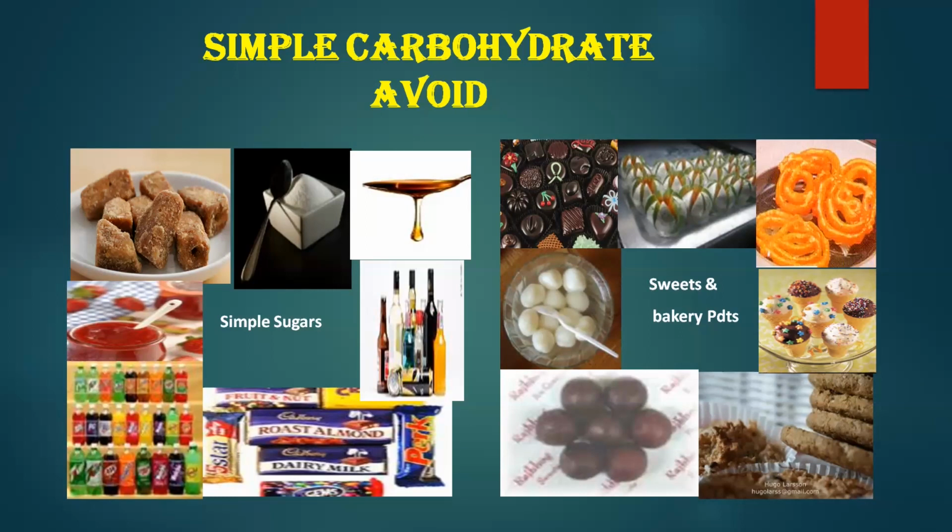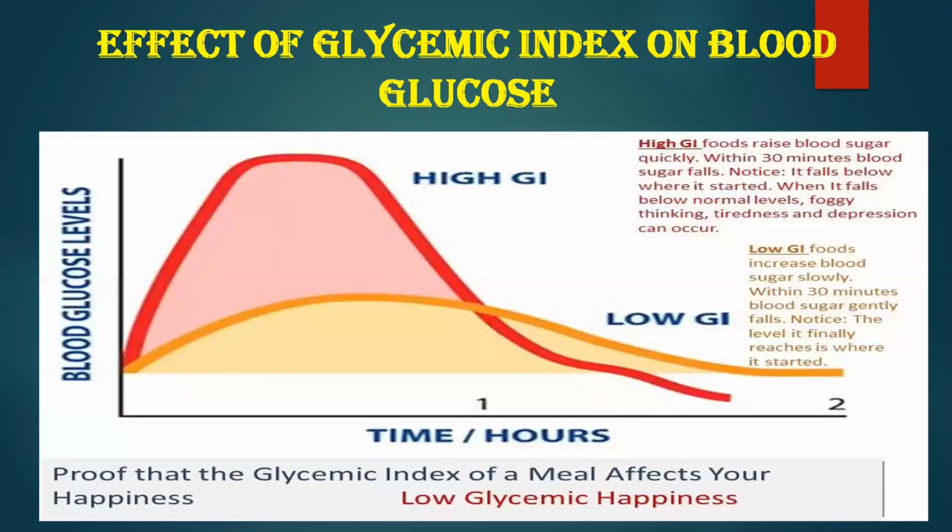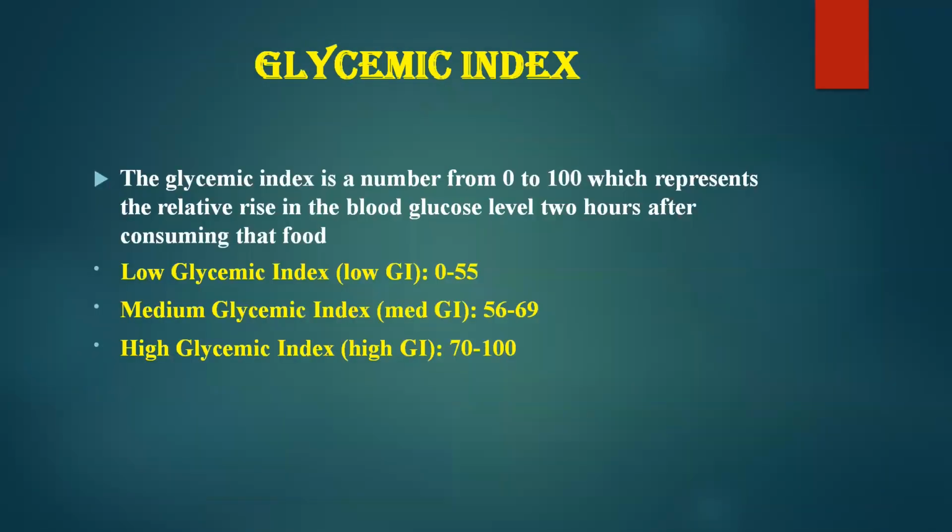When you talk to the patient and tell them you must not eat, we have to restrict sugar, it is not required, but sweets definitely have a low glycemic load if you are taking a small amount. Glycemic index and glycemic load play a very important role in managing diabetes. Glycemic index means how much the blood sugar will be raised by the food product.